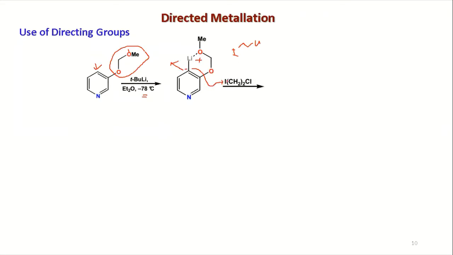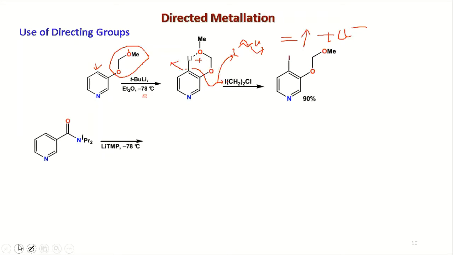So it will attack here, and this is going to open. Ultimately, it will release the ethylene, and the chloride comes out. This way you can generate the iodination at the para position.